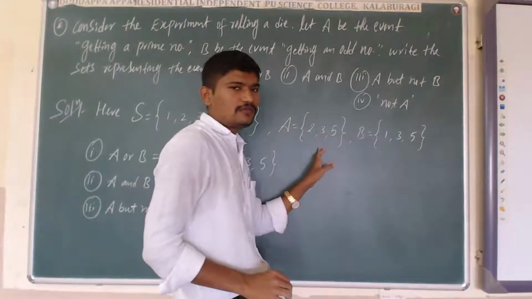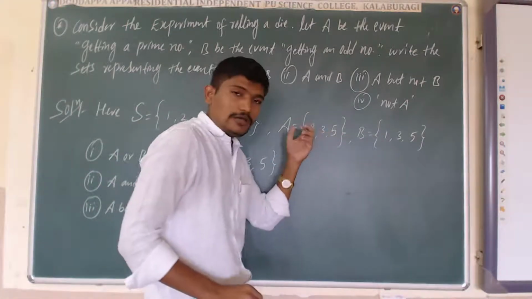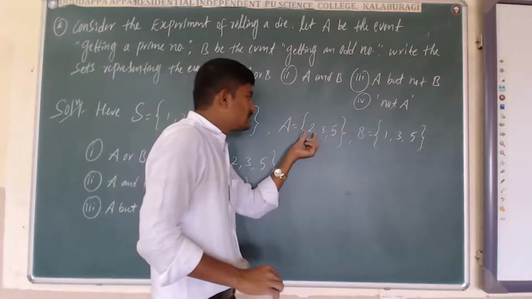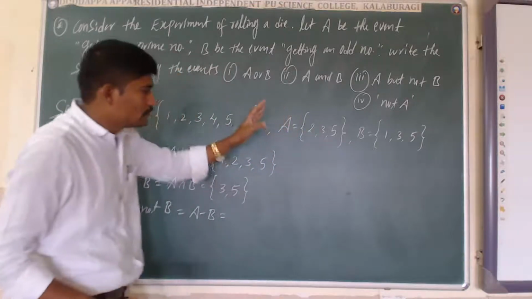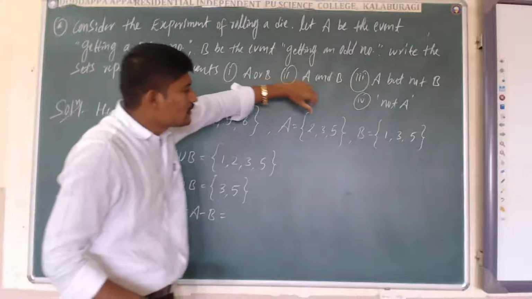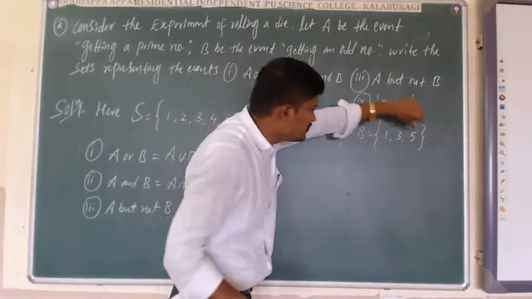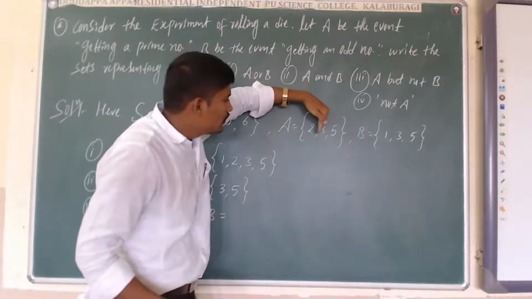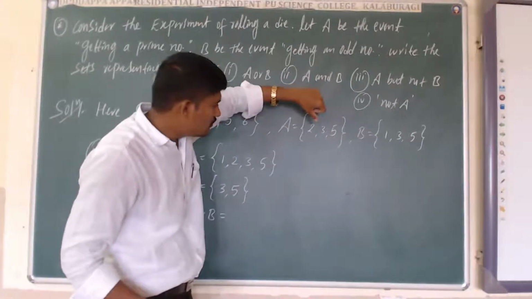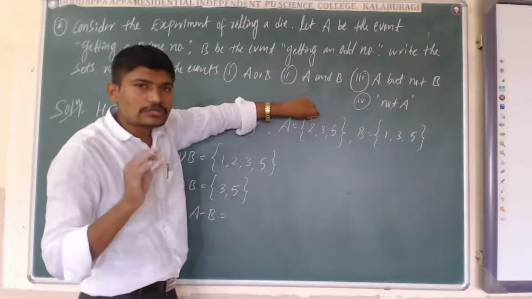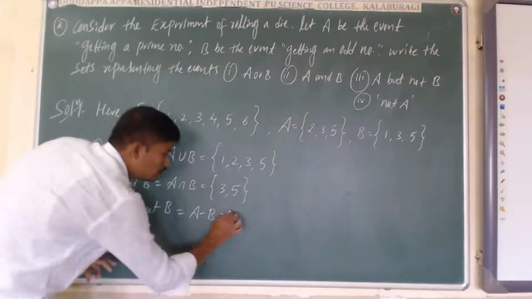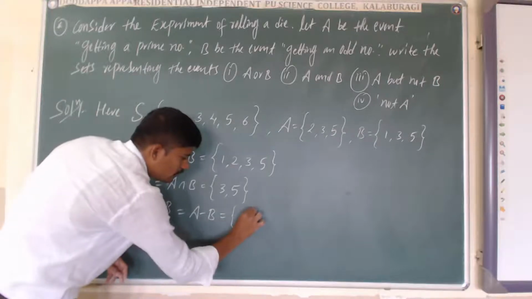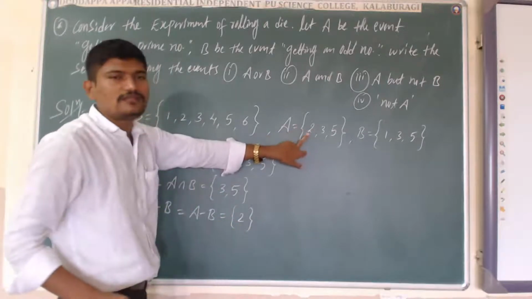See, A minus B means remove the common elements, keep only the different elements. Here 3, 5 is there. Here also 3, 5 is there. A minus B is nothing but the remaining elements. Whatever the remaining elements are, those are the result of A minus B. Here only one element is there, that is the 2.